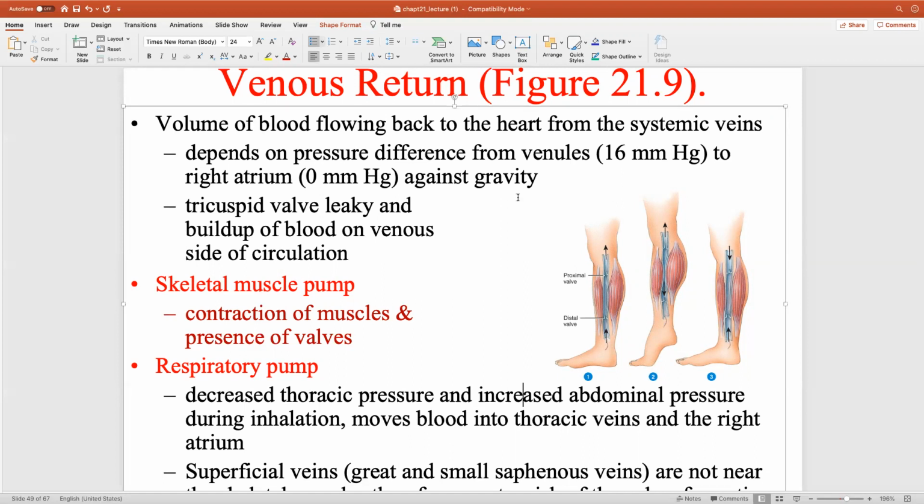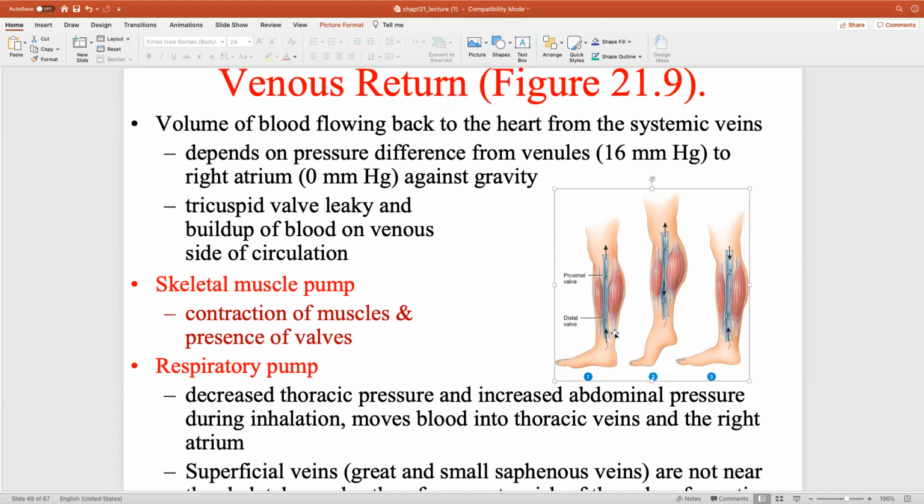The reason is venous return. If they sit down and can't walk and are laying down for a prolonged period of time, blood that's not moving in these veins will pool and cause blood clots.